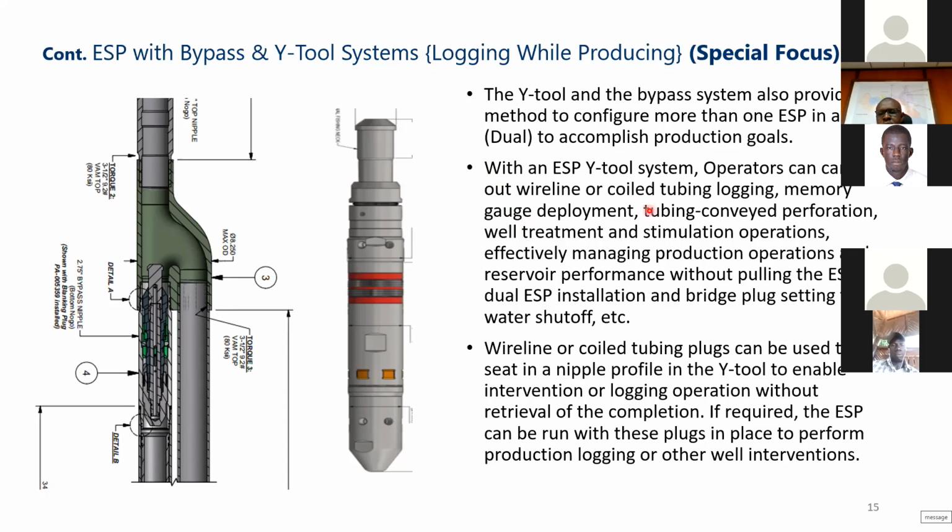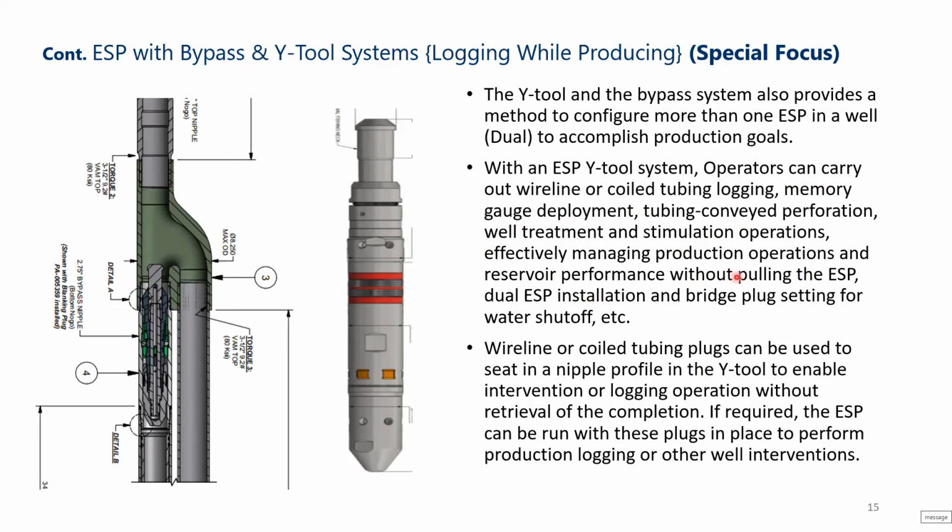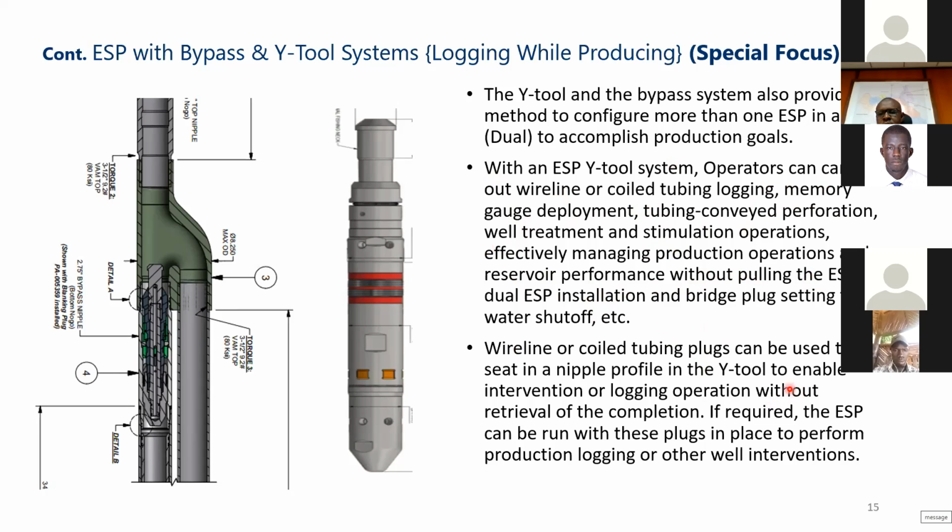So with an ESP with a Y tool system, operators can carry out wireline, coil tubing logging, memory gauge deployment, tubing conveyed perforation, well treatment, and stimulation operations, effectively managing production operations and reservoir performance without the need to pull the ESP. All these operations can be done without pulling out the ESP that is already in the well.